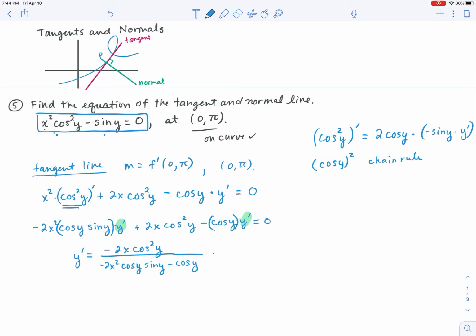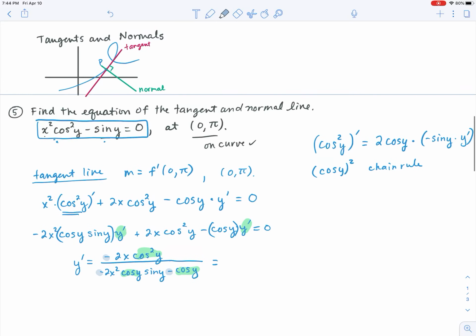So that cleans up a little bit. Again, we're going to evaluate at the point, so we don't need to clean it up a whole lot, but I am going to get rid of all those negatives. I am also going to factor out the cosine y, which is happening in every term, so that will be eliminated, and then the negatives as well.